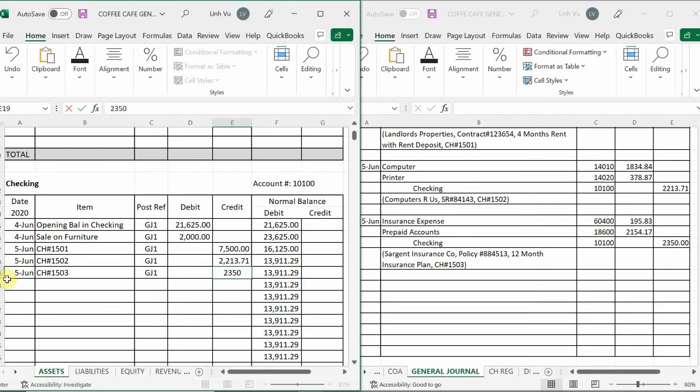So how much should I have in my checking account now? 13,900, and nope, that's the previous balance. I haven't pressed enter yet. $11,561 and 29 cents. Good.